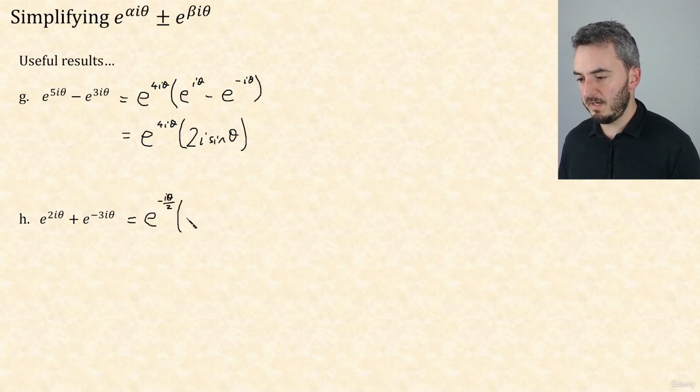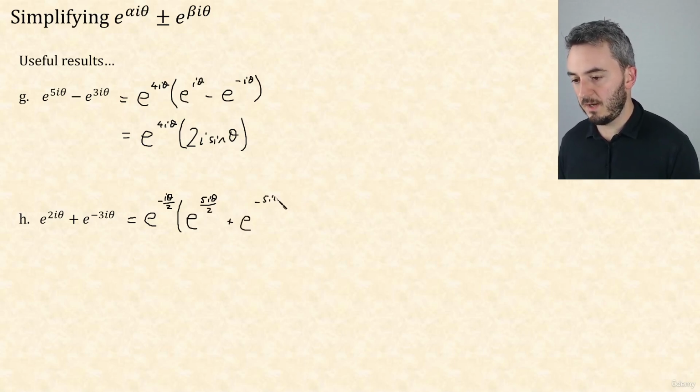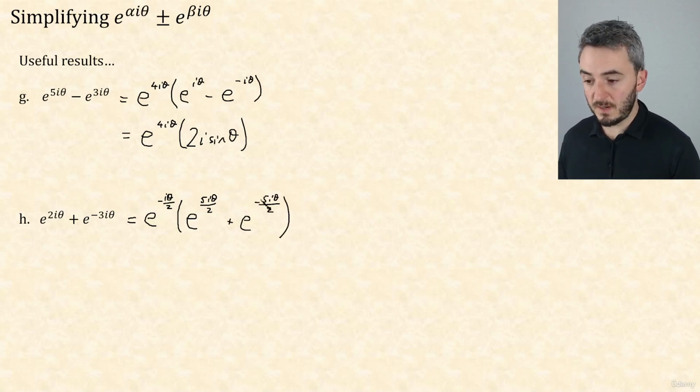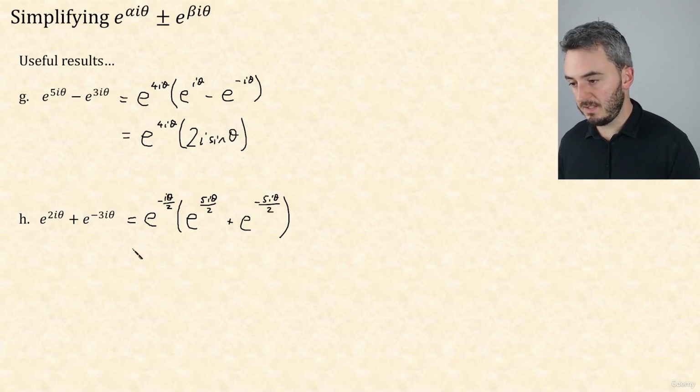Why is that? Because that leaves me with e to the 2.5, or let's say 5i theta over 2. Right, that plus that is 2, and e to the minus 5i theta over 2, because minus i theta over 2 minus another 5i theta over 2 is minus 3i theta.